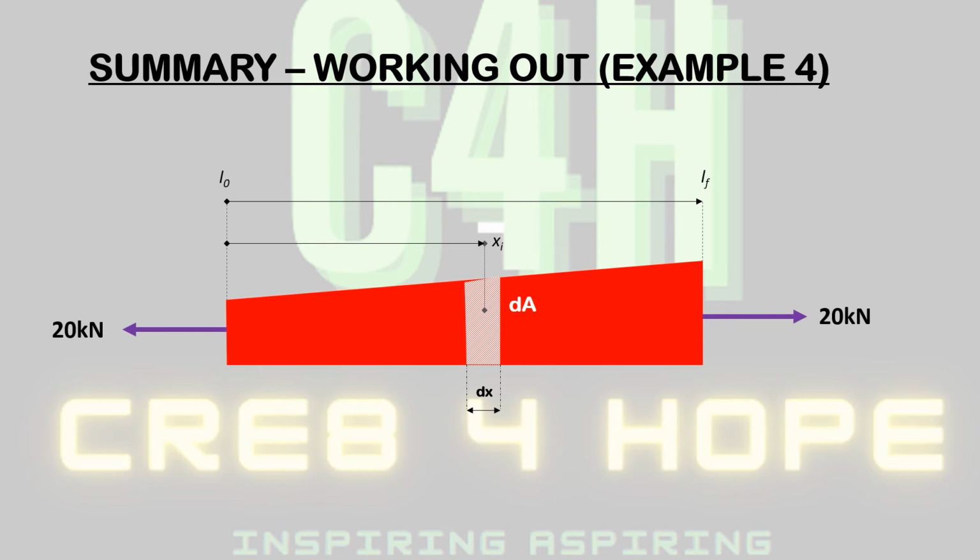So dA over dx is equal to 1 plus x squared over 100, in centimeters squared per centimeter. So this is what we're going to assume, and we're going to integrate the area to get the full cross-sectional area for this particular bar to work out the stress, the strain, and eventually the extension.